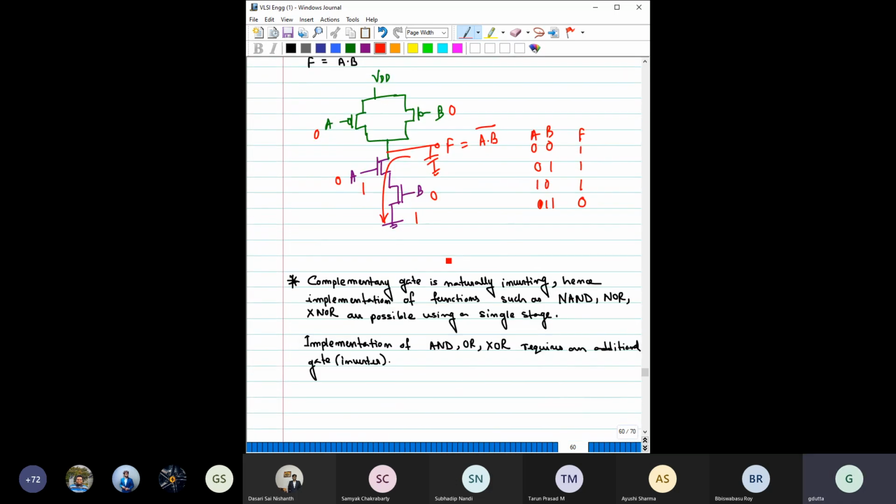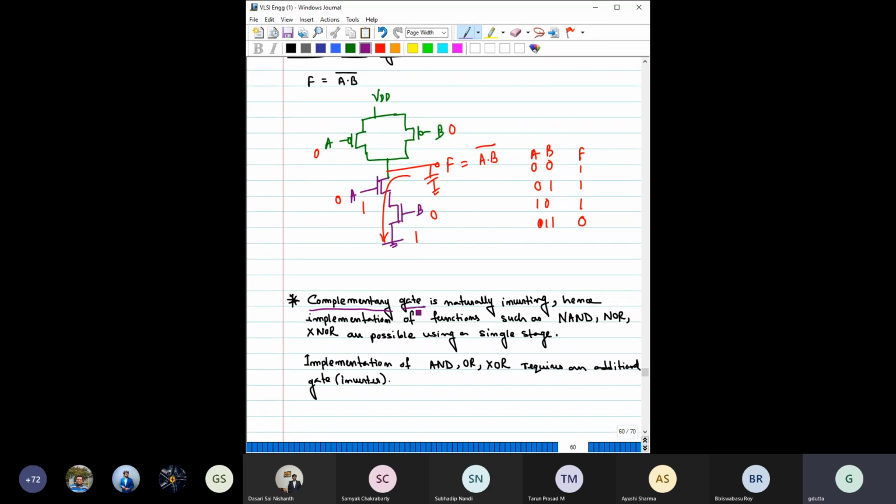Right. So from here you can also probably have noticed that this complementary gate implementation is by default inverting type. That means we are getting NAND gate, NOR gate, XNOR gate in a single stage.